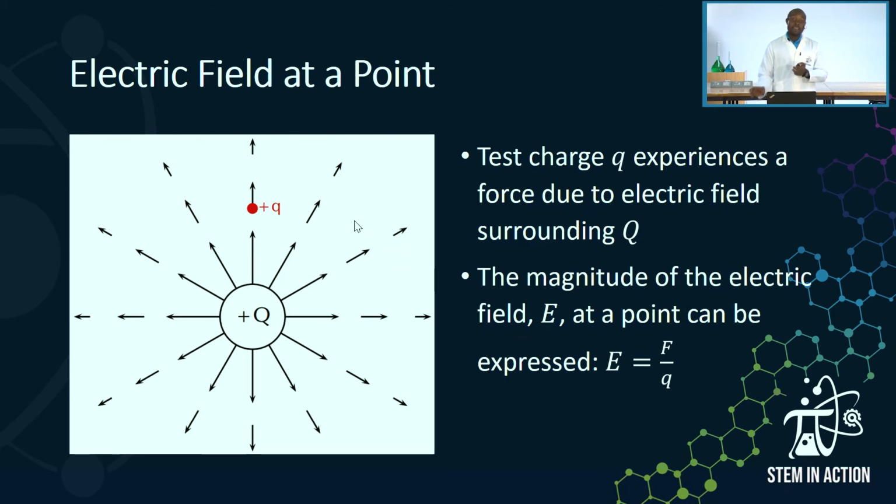So we are saying the magnitude of the force that this point is experiencing as a result of the charge on Q here can be found by saying E is equal to F over Q, where Q is the charge at that point. And we can rearrange this formula to say F is equal to QE.